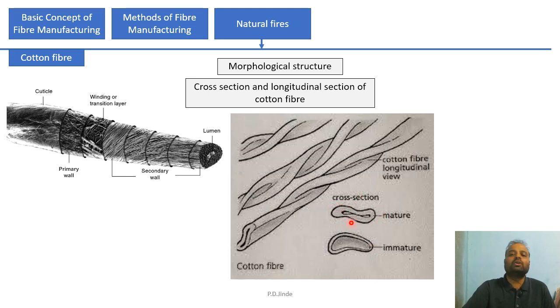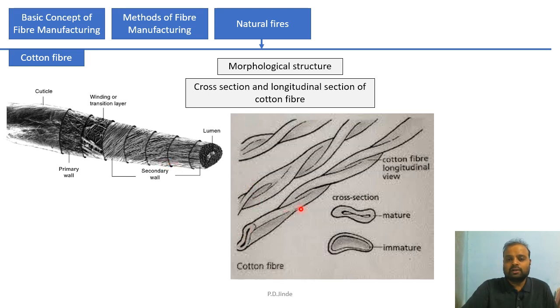Let's talk about the longitudinal view of the fiber. Similarly, if a fiber is observed along its length under the microscope, it becomes a longitudinal section of the fiber. Now you can see this fiber is not looking like this. This is a rod-like structure, but in reality the fiber is not long like a rod.